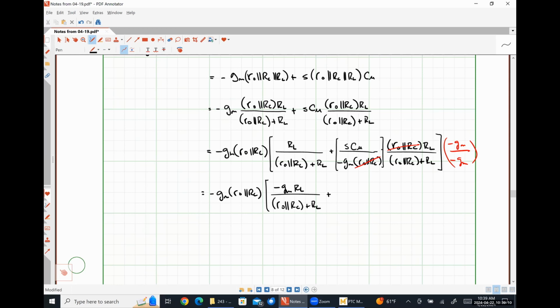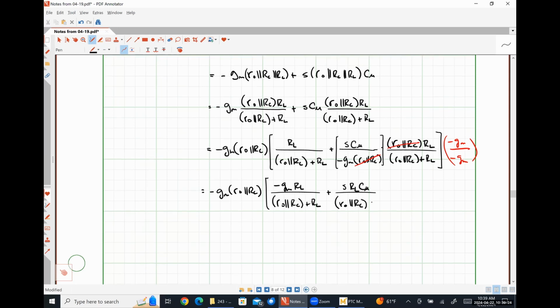Plus s RL C mu divided by R naught in parallel with RC plus RL. And this is the term that I'm going to use to get my zero.